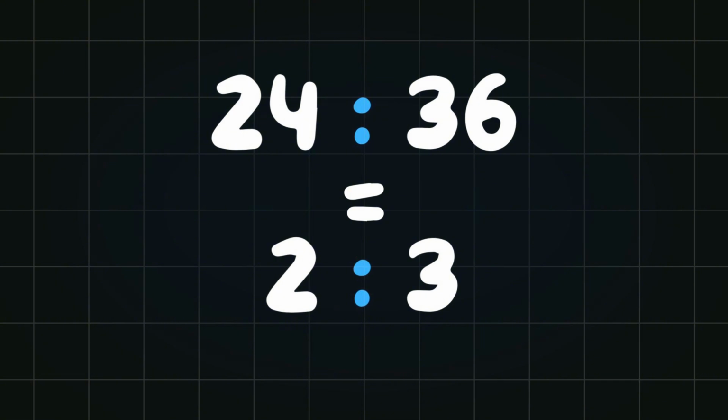So you see, guys, we simplified this quite easily, and we found out that 24 to 36, or 24 divided by 36, or the fraction 24 to 36, is also equal to 2/3, or 2 to 3, which is really useful to know, because once these ratios or even fractions get more complicated, you definitely want to know how to simplify them.